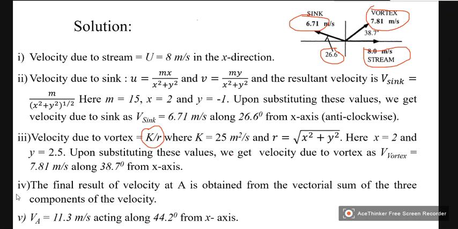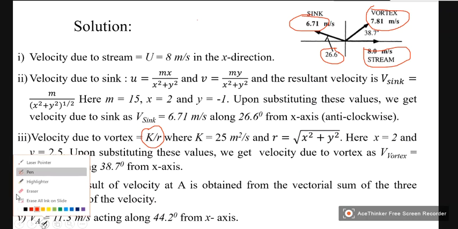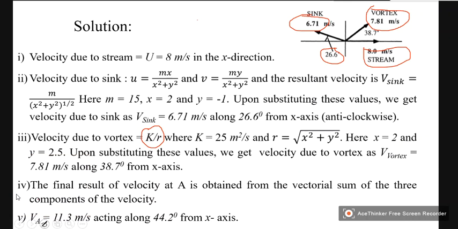So now, the problem is not over. Now you have 3 velocities. This is 1. This is 2.